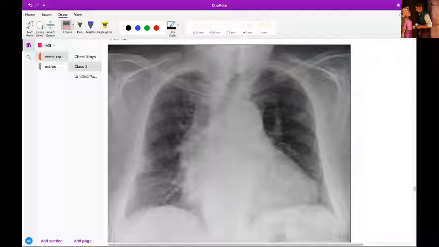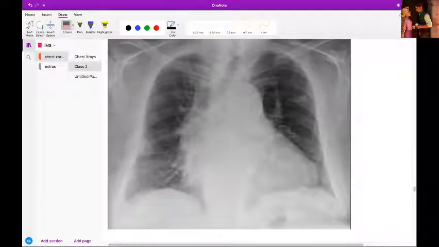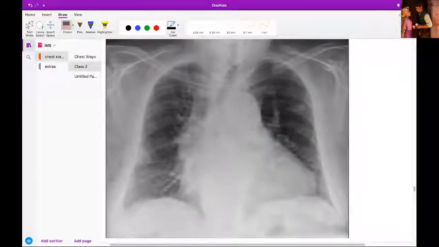Silhouette sign. That is because of something else. Trachea? Is the trachea okay? Right costophrenic angle blunted, yes. But I don't know if it's blunted or if that's breast tissue again. I don't know, because it's actually pretty sharp over here.